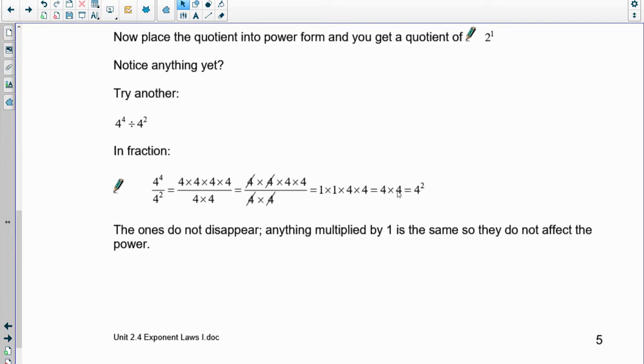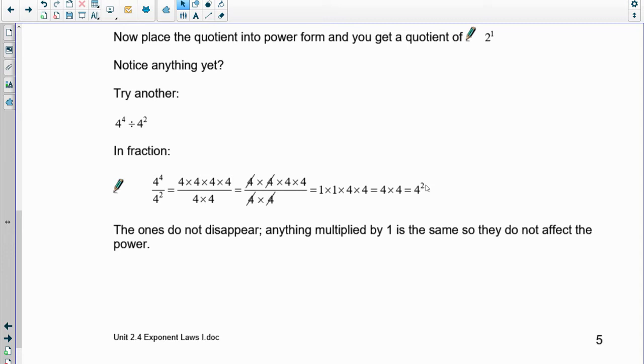The bases are the same. Putting it back into exponent, you get 4 to the power of 2 here. So 4 to the power of 4 divided by 4 to the power of 2 is 4 to the power of 2. 4 bases on the numerator, 2 bases in the denominator, 4 of them, take away the 2 that cancel out, gives us 4 to the 2.